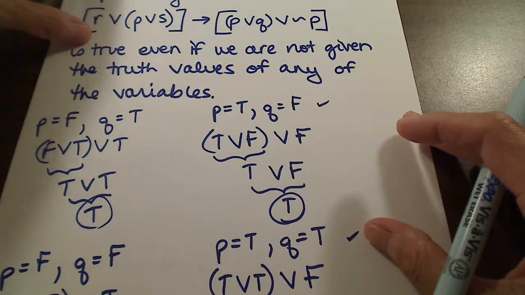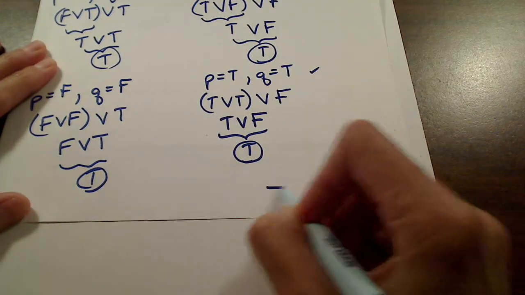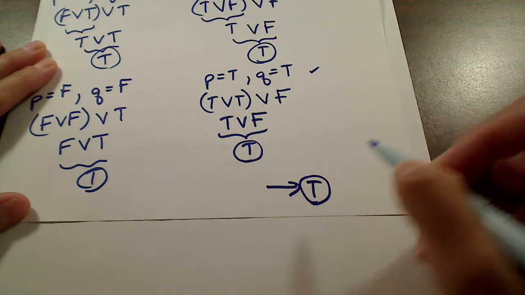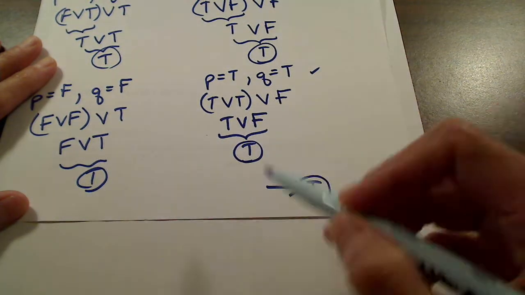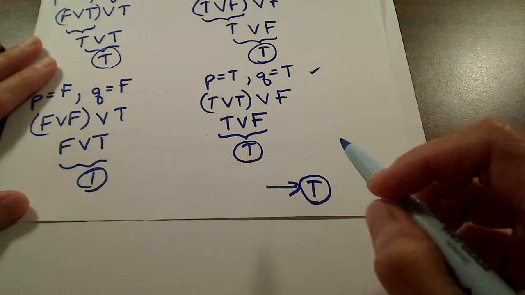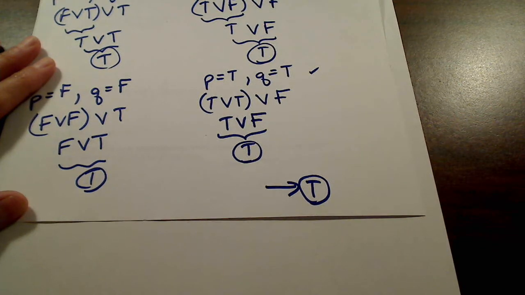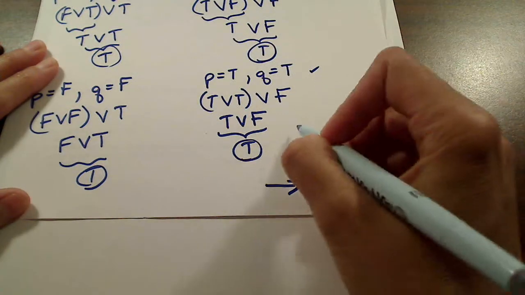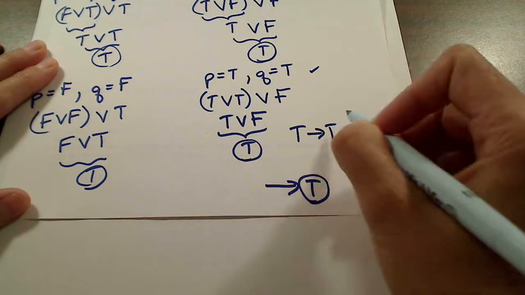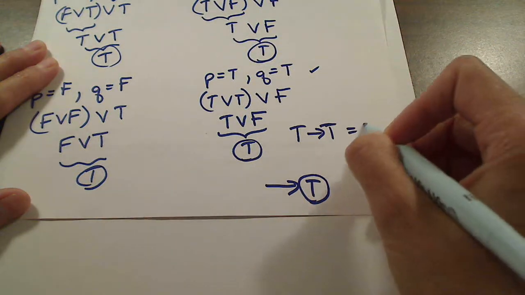Okay, so then what we want to analyze is, if we're looking at a conditional where we know that the result of the conditional, the second portion here, is true, is it possible for us to get a false? And it isn't possible. If you look at your conditional truth table, when you have true implies true, your result is true.